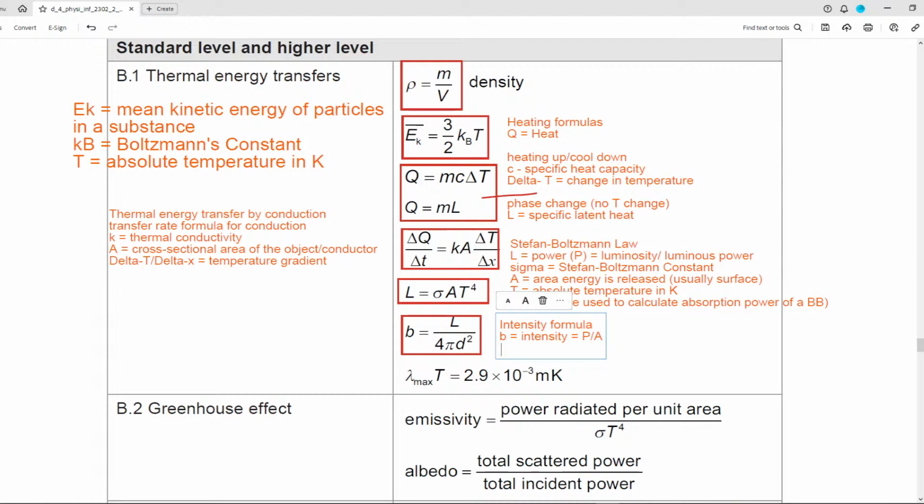But if you are distance D away, D is actually the distance from the center of the black body.